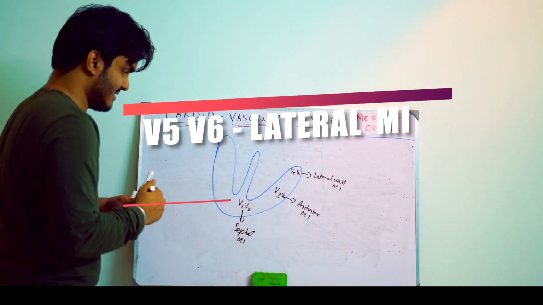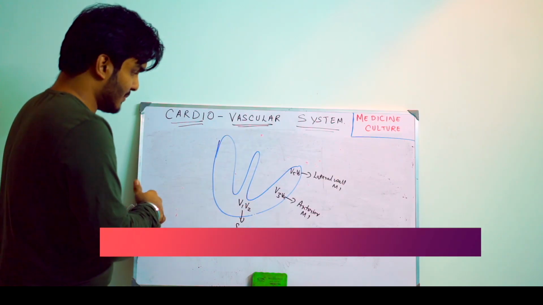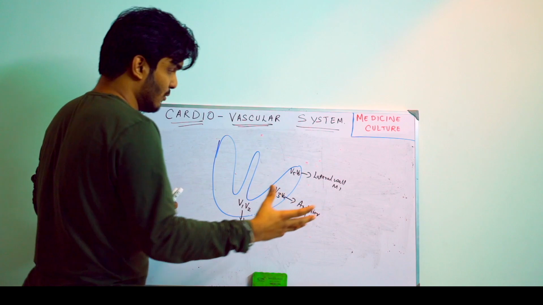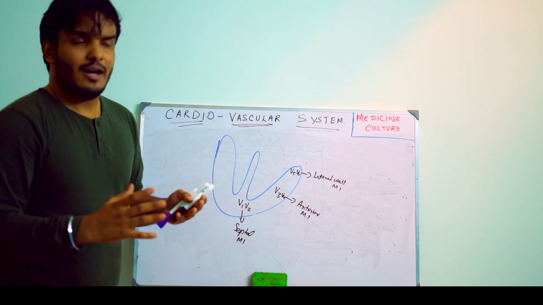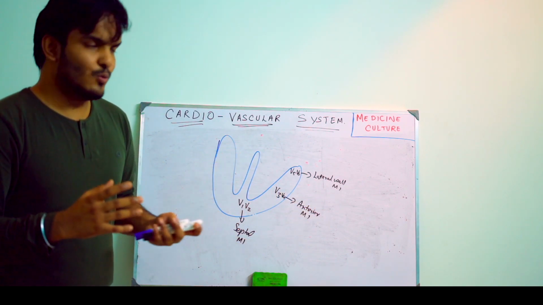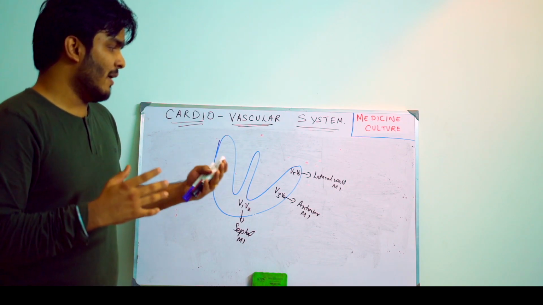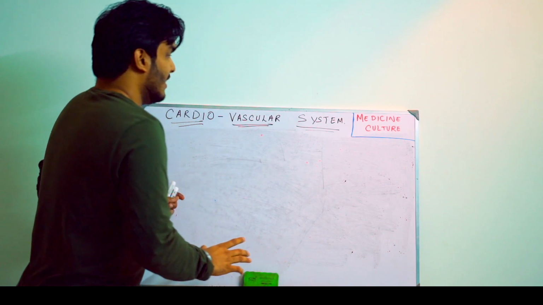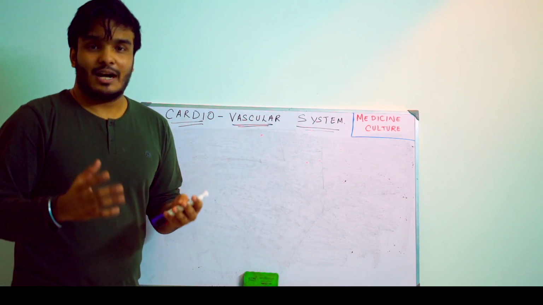So that's about the chest leads: V1, V2 septal MI, V3, V4 anterior MI, V5, V6 lateral MI. And for inferior, we can see lead number 2. For MI and ECG, there's a separate topic. So that's all about the blood supply to the heart.